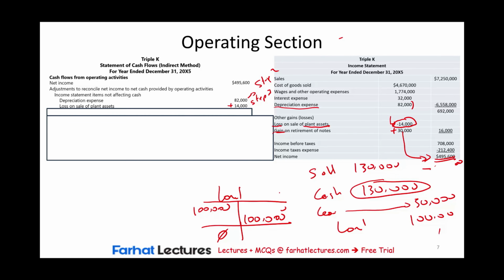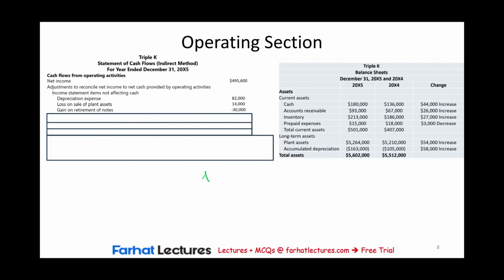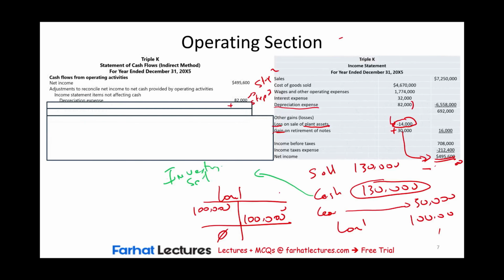This $130,000, remember, is part of my investing section, because land is an investing account. Therefore, this $30,000 that increased my net income is not really cash for the operating section.